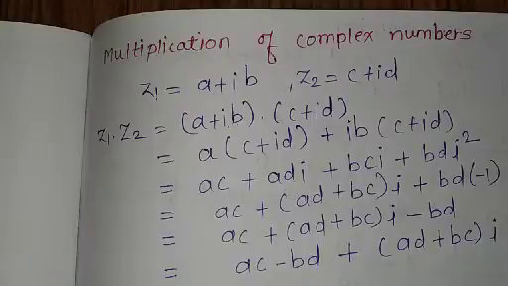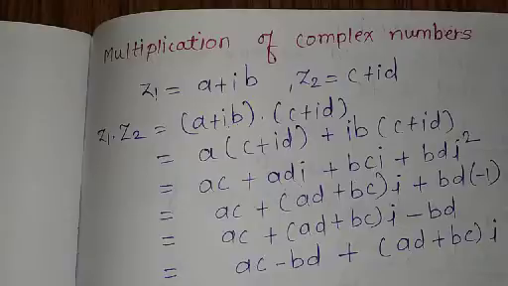For this, consider any two complex numbers, that is z1 is equal to a plus ib and z2 is equal to c plus id. So we have to multiply these two complex numbers as z1 dot z2, or we can say z1 into z2, which is equal to a plus ib into c plus id.